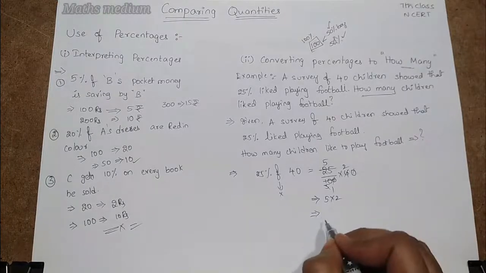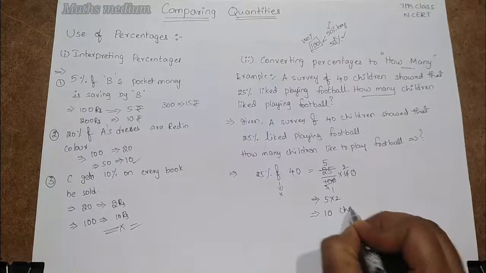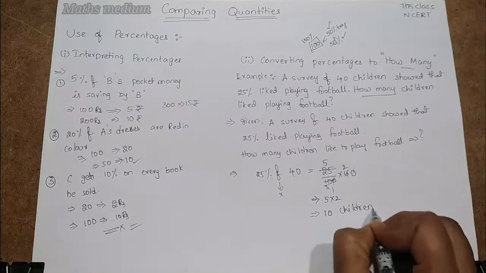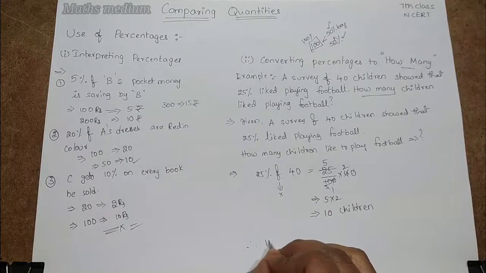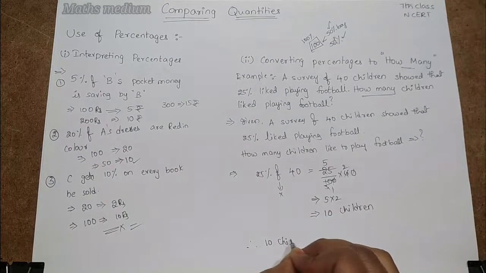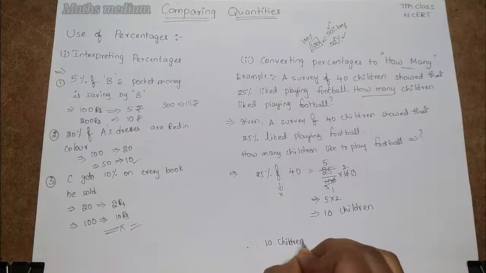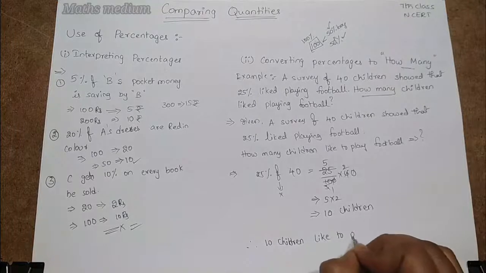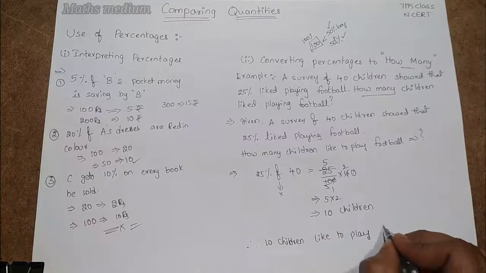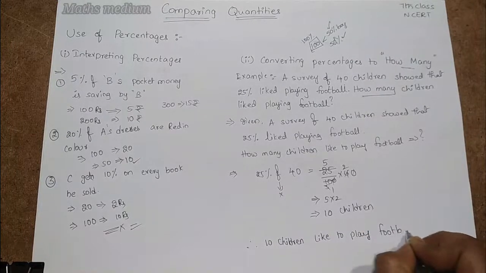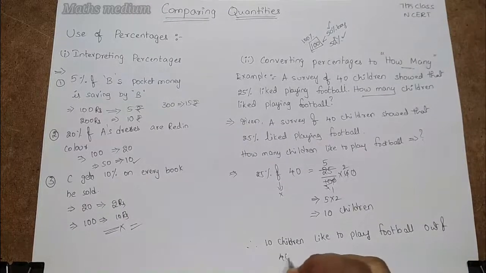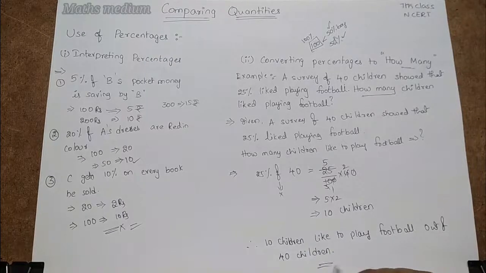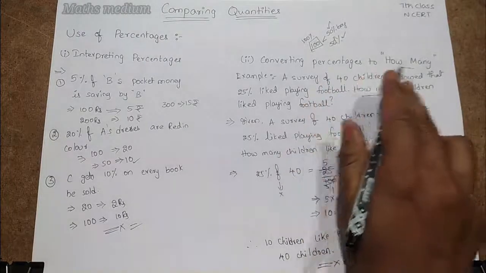So it means 5 2s are 10 children like to play football out of 40 children. Therefore, 10 children like to play football out of 40 children. So this is about how to convert percentages to how many.